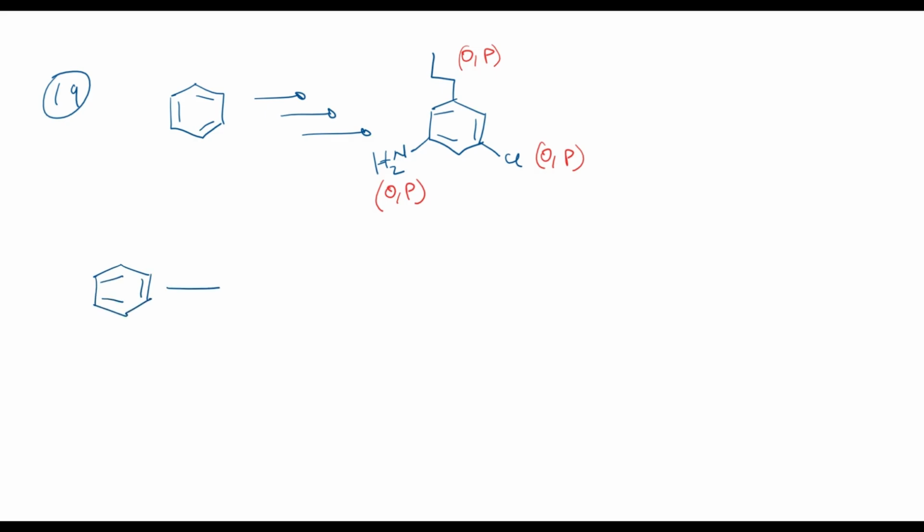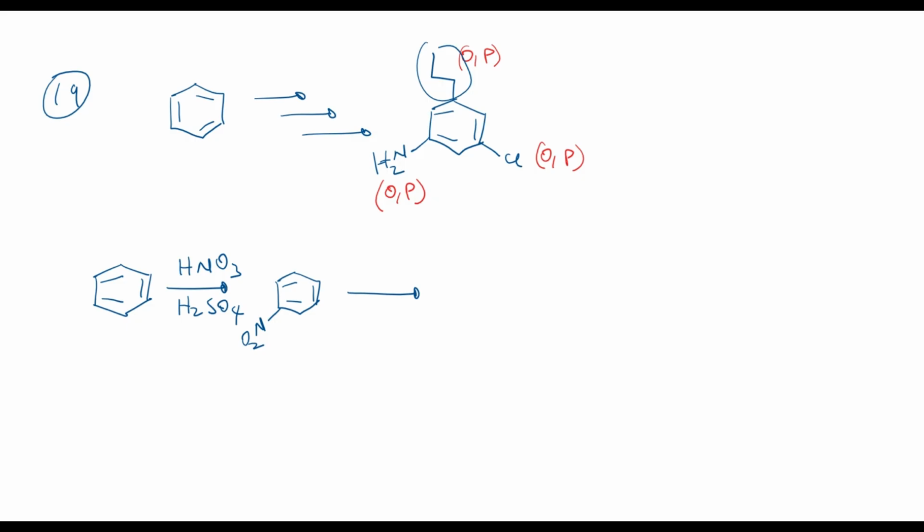So what we can do would be to start by installing a nitro group on the benzene ring. To do that, we'll react benzene with nitric acid and sulfuric acid. This would attach the nitro group to the benzene ring. Next, I can try to install this propyl group.